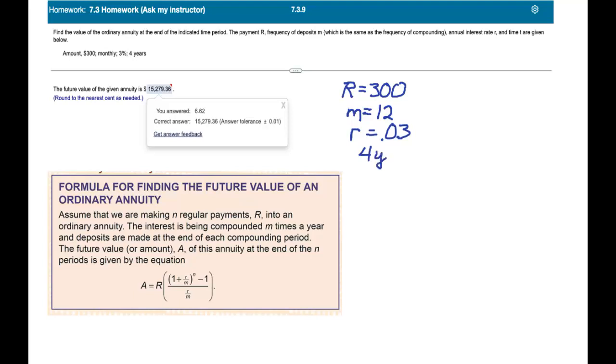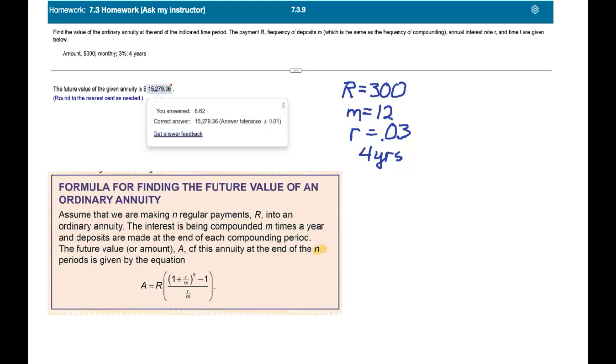Now, to work with that time period, we need to go back and look at our formula here for finding the future value of an ordinary annuity. And what you'll notice is that assuming that we're making regular payments into an ordinary annuity that's being compounded m times a year, the deposits are made at the end of each compounding period, the future amount A of this annuity at the end of n periods.